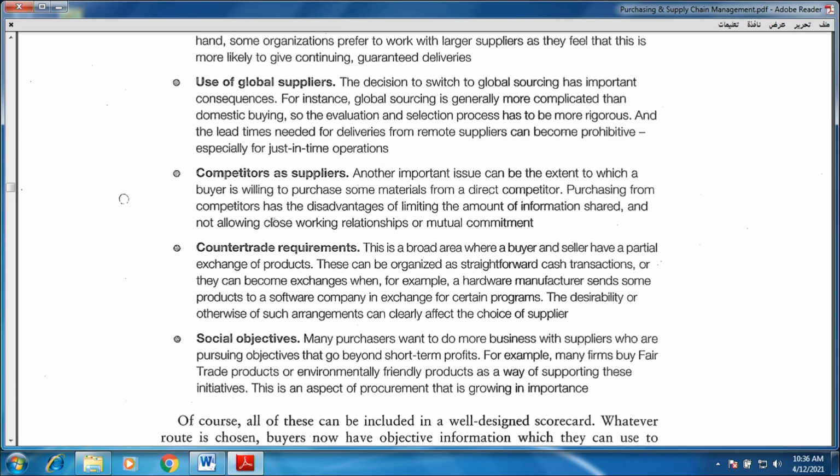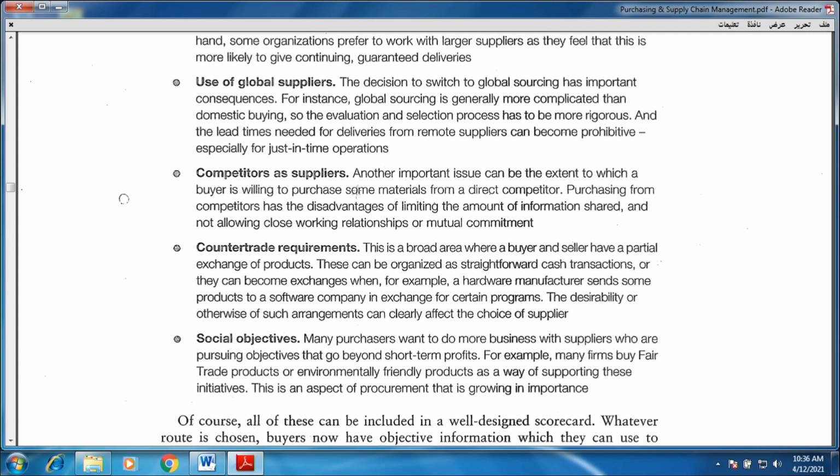A third one talks about competitors as suppliers. Sometimes we exclude some of the highest score suppliers because they could be competitors to us, or in some way we are not relaxed with certain suppliers.